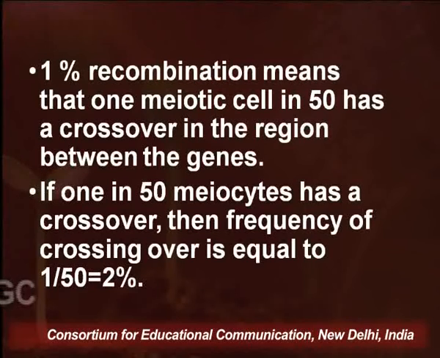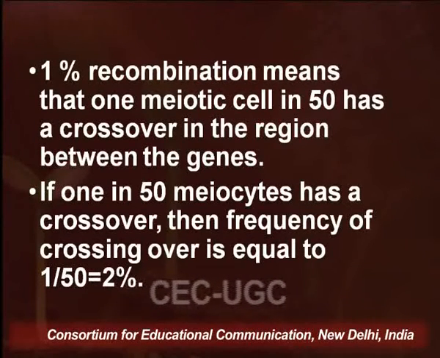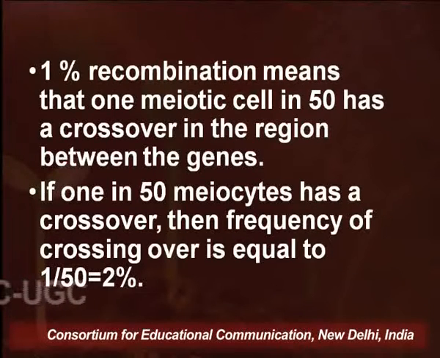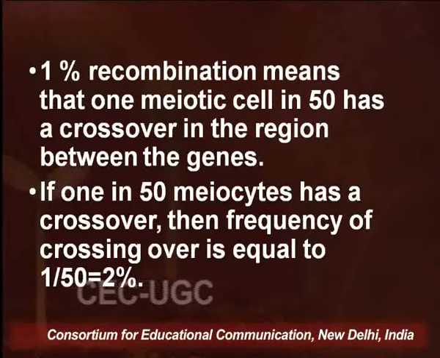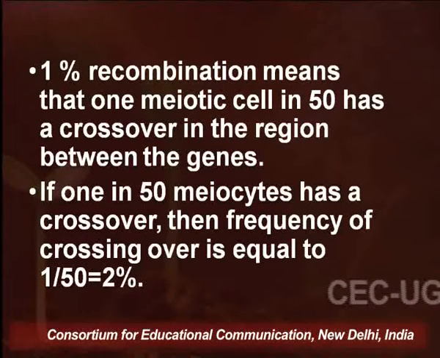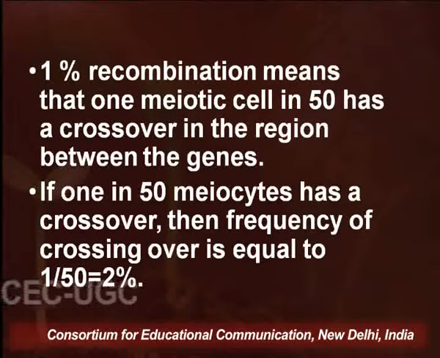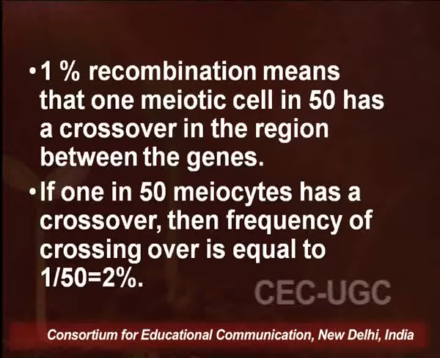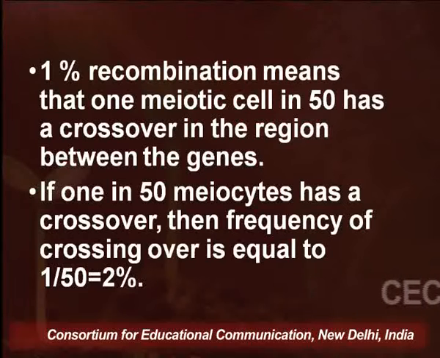Now, here comes the catch. 1% recombination means that one meiotic cell in 50 has a crossover in the region between genes, and if one of the 50 meiocytes has a crossover, then the frequency would be 1 by 50, which is equal to 2%. Now, crossover value is 2%. And recombination frequency is 1%.